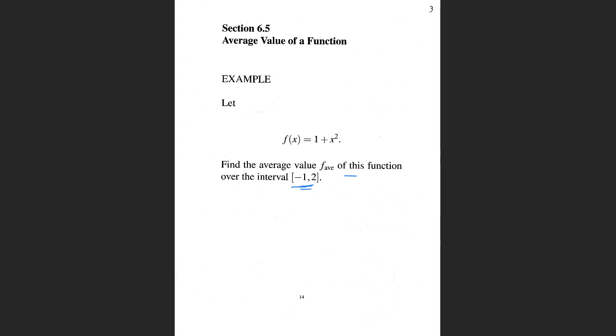I'd like to draw a picture of this function over the interval x equals -1 to 2, and get a feel for what the function looks like, and perhaps an idea of what a reasonable answer would be for the average. So let's go to Desmos, and I'll graph that function over that interval.